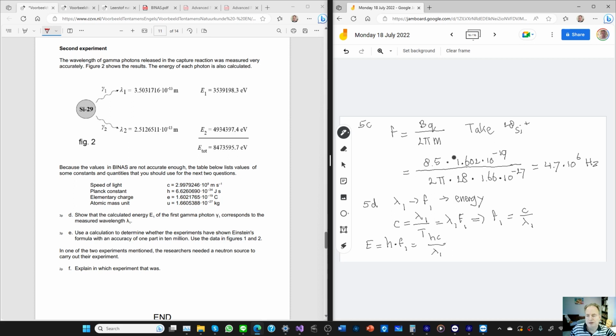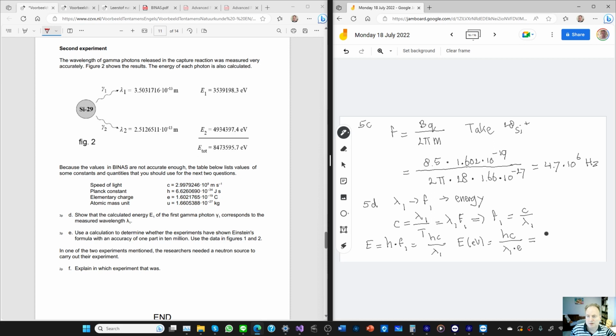So 1 eV is the energy an electron of this charge gets if accelerated over 1 volt. So in eV it is hc divided by lambda 1, then divided by this elementary charge.